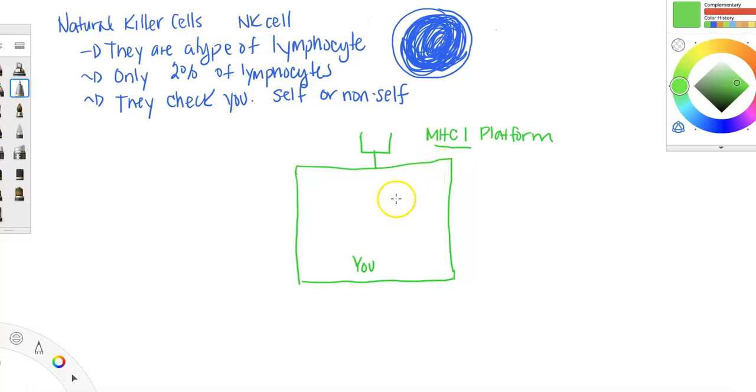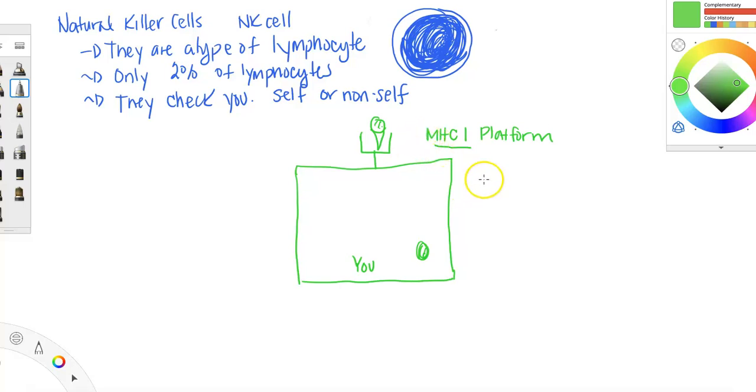So let's say this cell, or you, ate an ice cream cone or something, and it was so good. So you decided to display this ice cream cone on your little MHC1. Oh, look what I ate. It was so good. Okay.